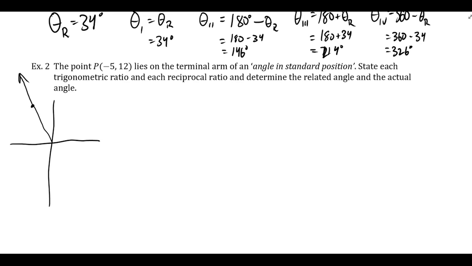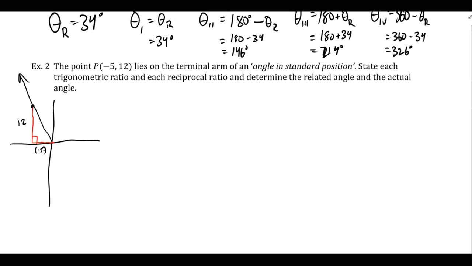If you think about similar triangles, the arm can keep going, but we're going to worry about it, obviously, just to this point. So there's my triangle. There's my right angle. So that means that my y value is 12, so the length of that is 12. And the x value is negative 5, but the length is 5.